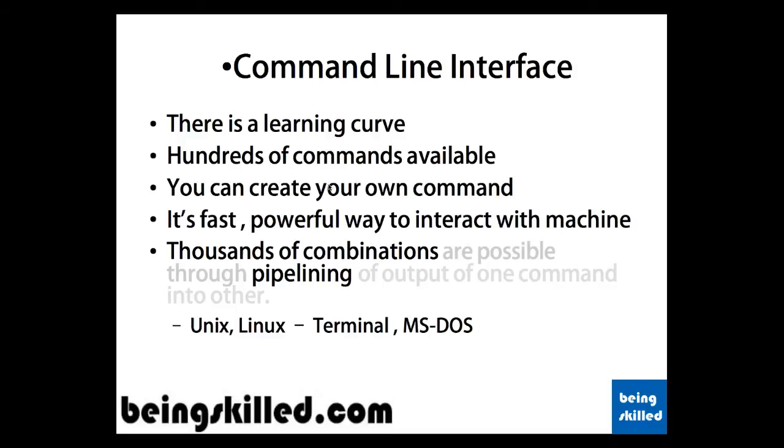Some examples of command line interfaces are Unix and MS-DOS, which is entirely CLI based. Then the terminal inside Linux is also an example of CLI. There are operating systems like Arch Linux and Debian, which have installers that are purely non-GUI, or CLI based.